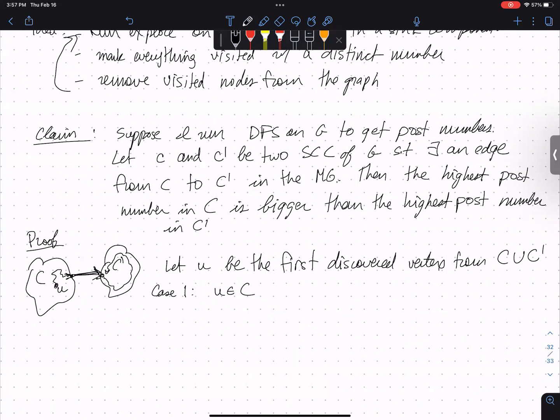And only then can we be done exploring U. In other words, we're going to be done exploring everything in C prime before we're done exploring U.